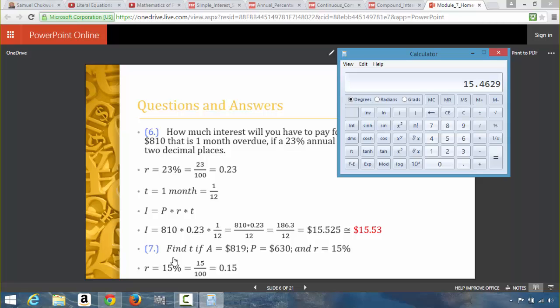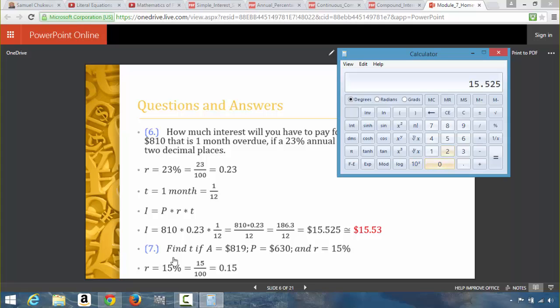But Mr. C is advising you, when you will have any intermediate calculations that will not give you an exact decimal, just do it as fraction, period. Okay, just do 810 times 0.23 equal to, you do this one first, equal to, then you now do divided by 12 equal to, now give you that. Or if you must use the decimal, then use everything, use every single thing, everything. Do you understand me?